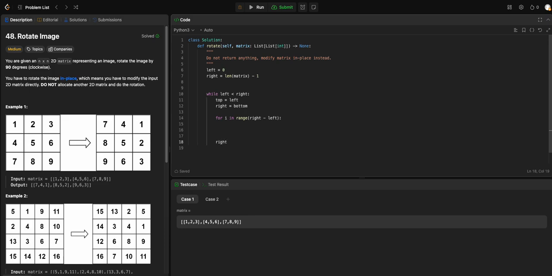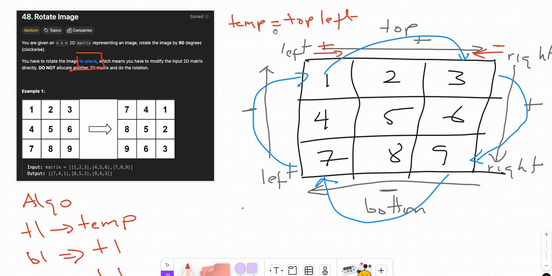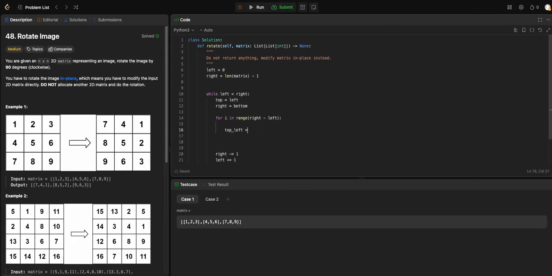After every loop, right goes back and left moves forward. Make sure we store the top left in a temporary variable.